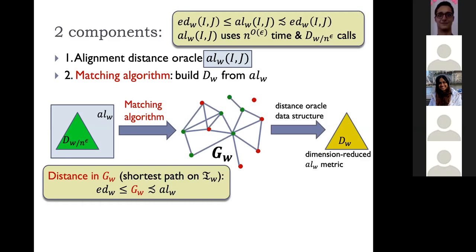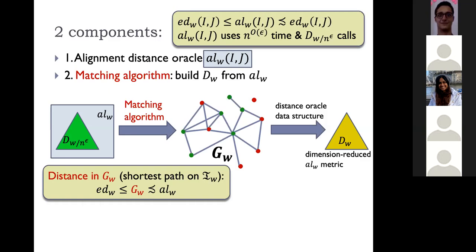From our perspective, you can think of this distance Oracle DW as some kind of dimension-reduced alignment distance metric, captured by the data structure itself without having to call the Oracle on this alignment distance. There is one caveat for why we can't use some of the standard data structures for distance oracles, namely that we want the DW that we output to be a metric itself.